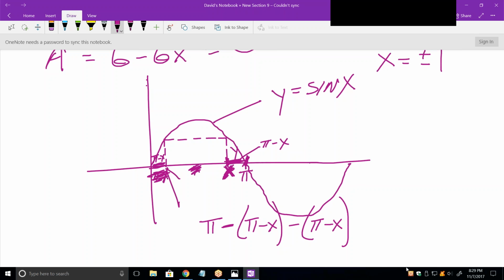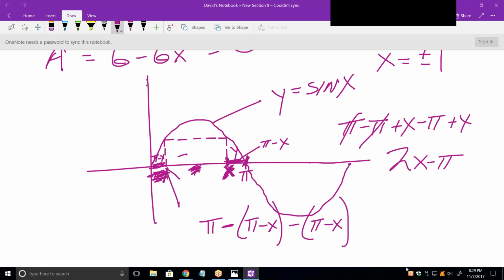What does that give you? If I take away all the parentheses, I get pi minus pi plus x minus pi plus x. And that cancels with that, and I end up with 2x minus pi is the width of that box.